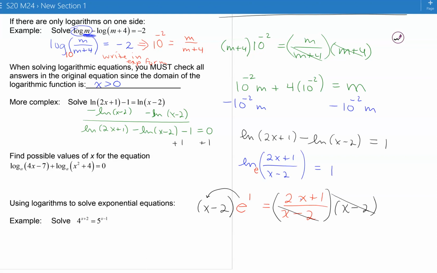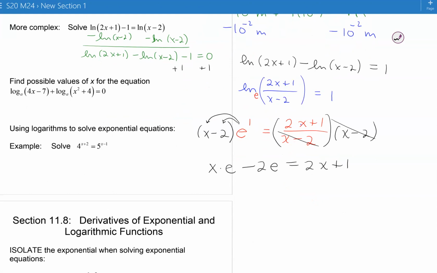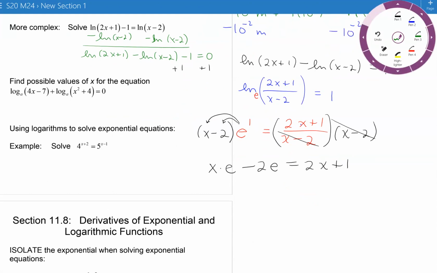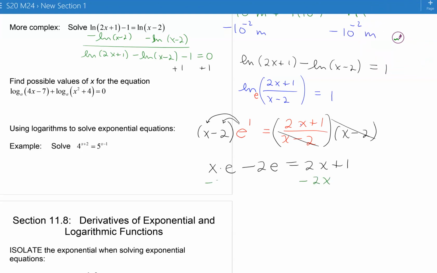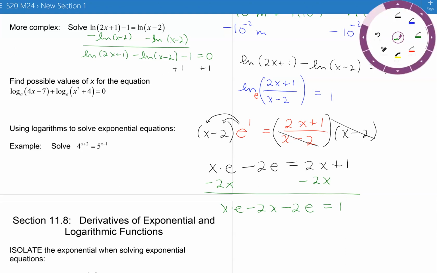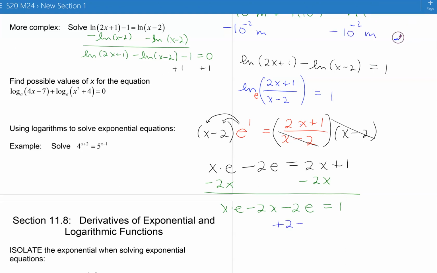And then I'm going to distribute this e, get x times e minus 2e equals 2x plus 1. Then my strategy is going to be get everything with an x on one side and everything that doesn't have an x on the other side. So I'm going to subtract 2x from both sides, and then add 2e to both sides.